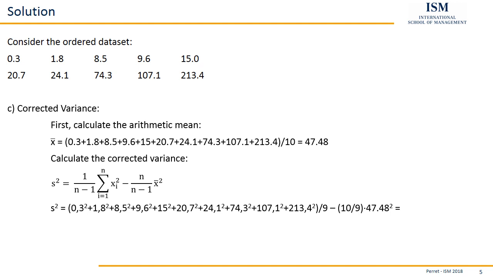And this is multiplied with the squared version of the arithmetic mean. Having written this down once, this can just be entered into the calculator, and in the end we would get the following result of 4,598.7773, giving us the corrected variance.